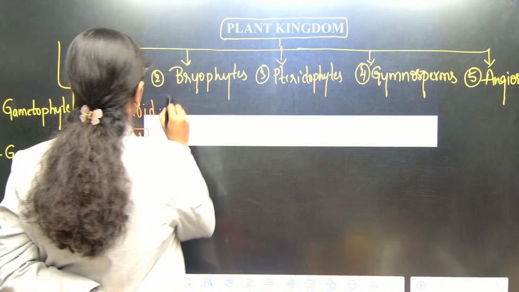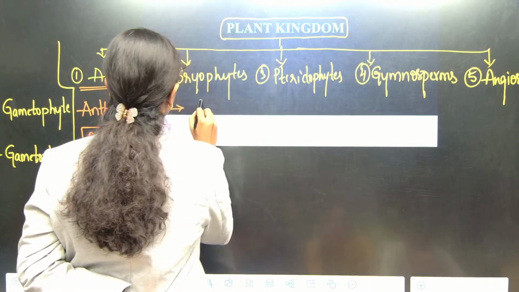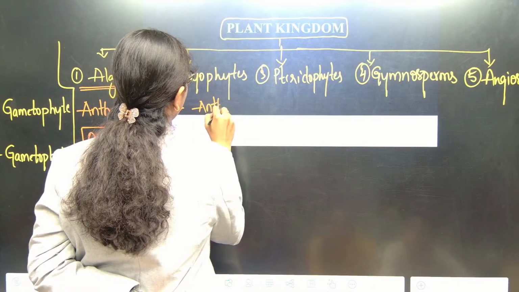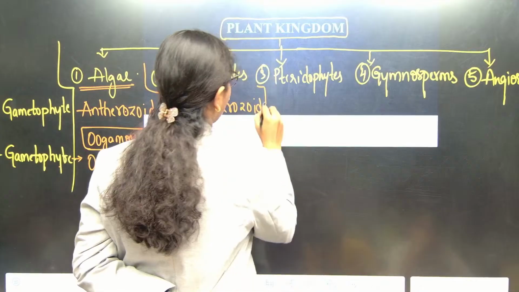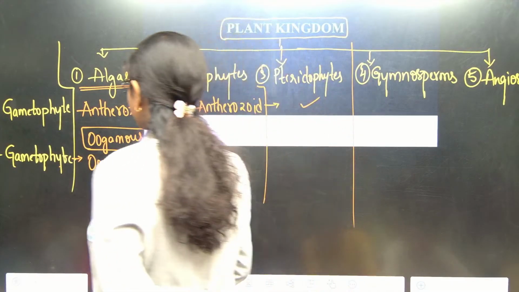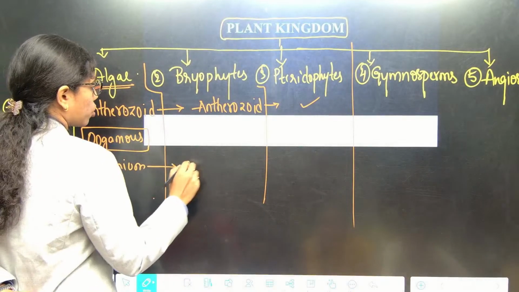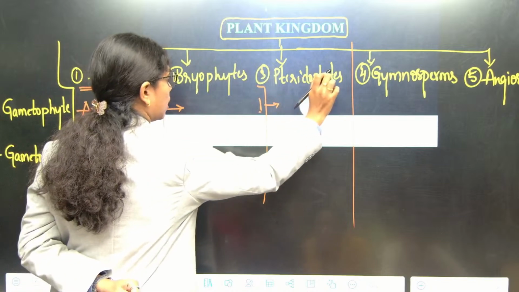And here in bryophytes, what is the male gametophyte again? Antherozoid. Here also it is antherozoid, is the male gametophyte. Female gametophyte is archegonia, sorry, this is antheridium, antheridium.